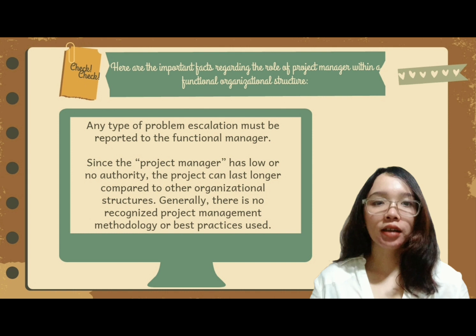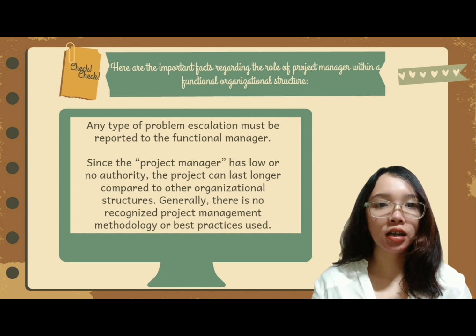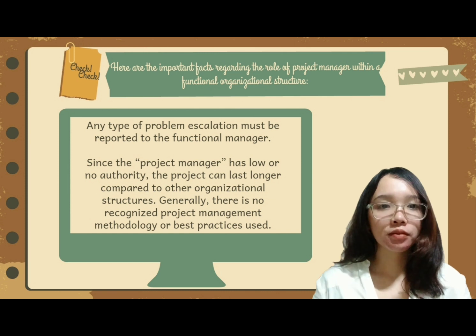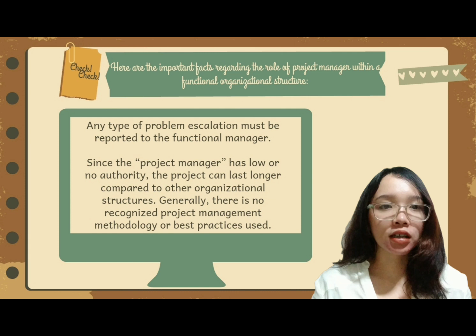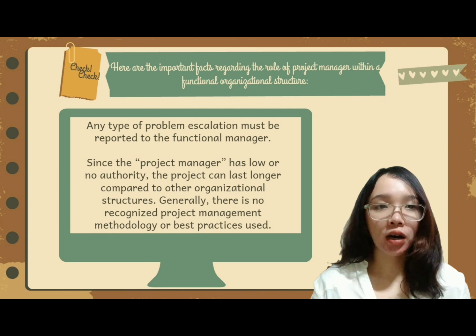Any type of problem escalation must be reported to the functional manager. Since the project manager has low or no authority, the project can last longer compared to other organizational structures. Generally, there is no recognized project management methodology or best practice used.